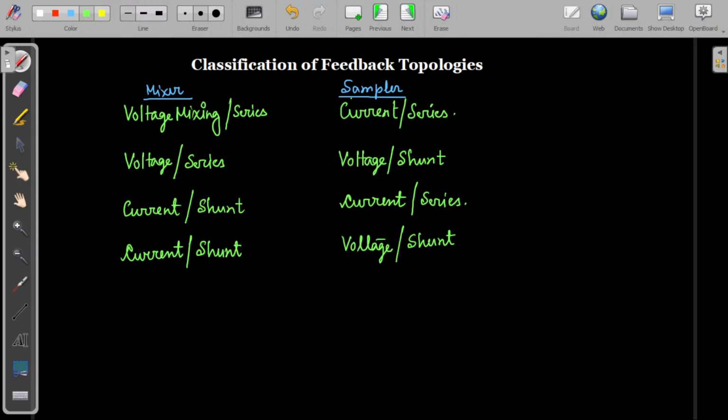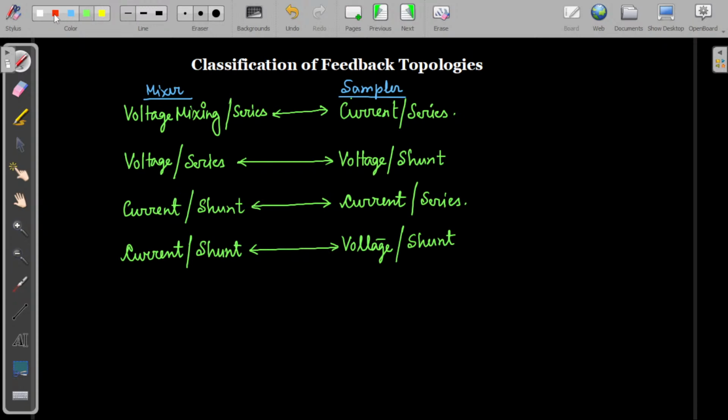So we have four possibilities. If this combination happens, then one type of feedback topology. If this combination happens, then another type of feedback topology. If this combination happens, the third one. And if this combination happens, again the fourth one.